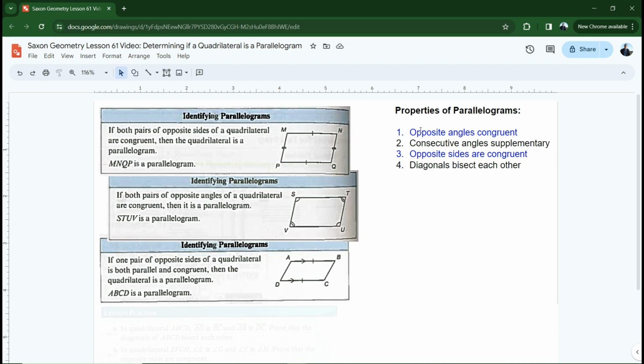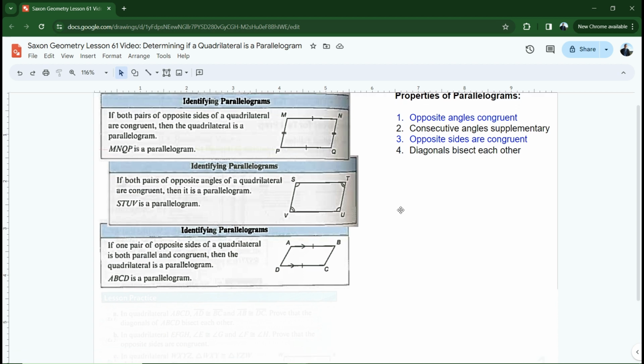We can use those two to say if they're true of a quadrilateral, that quadrilateral has to be a parallelogram. The other two are just properties that parallelograms have. So if we can prove that something is a parallelogram, then we can state these two that are in black about that figure because it's a parallelogram. But those ones don't prove that it's a parallelogram.